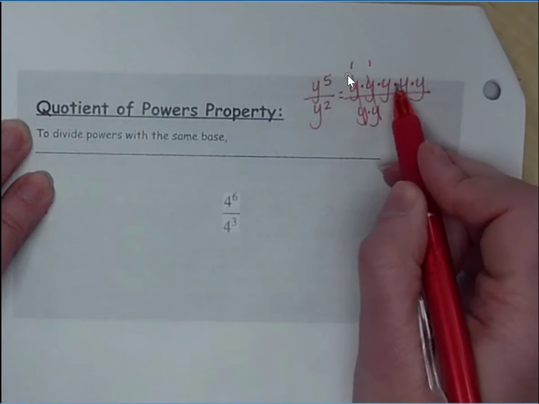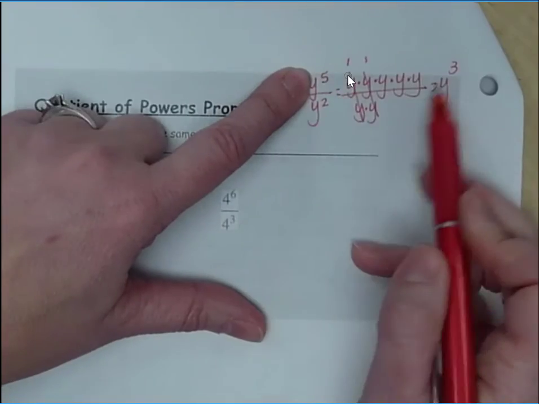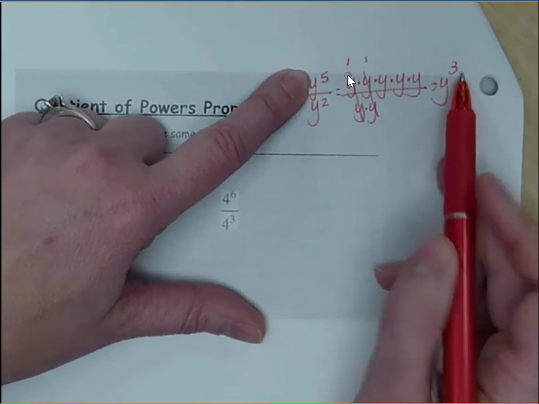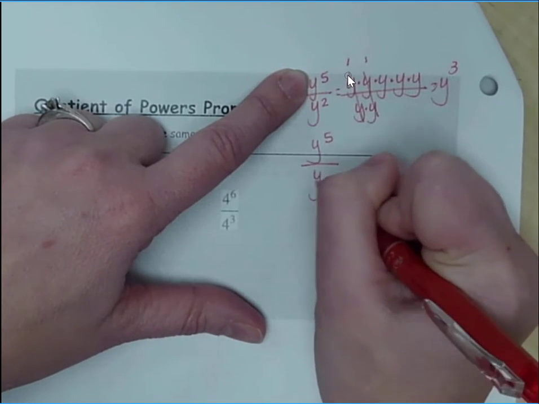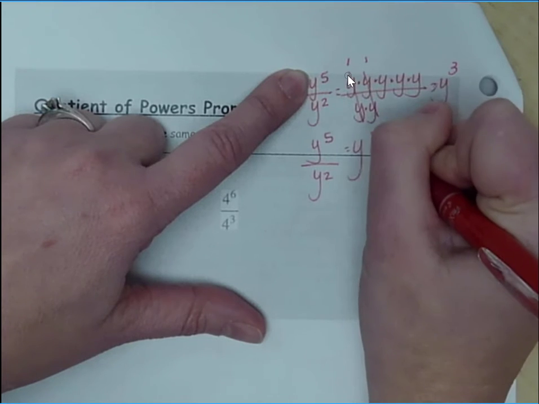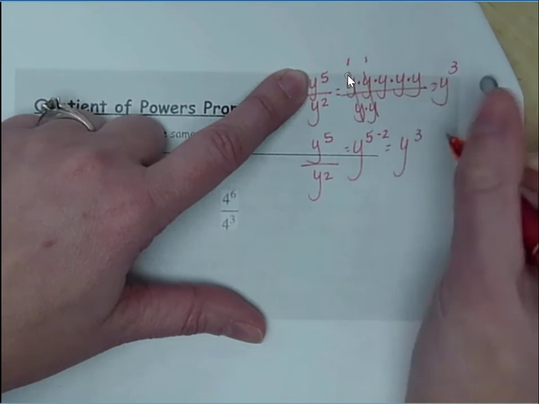So these cancel out, leaving me with y cubed. Well, how are these related? Well, 5 minus 2 is 3. So y to the fifth divided by y squared is the same as y to the fifth minus 2, which is y cubed.